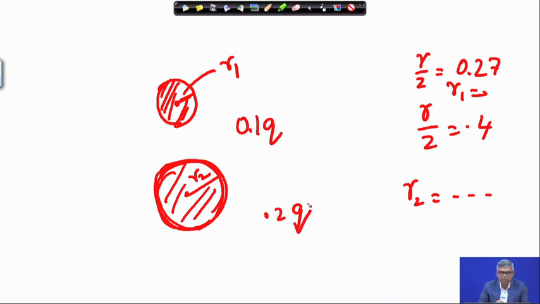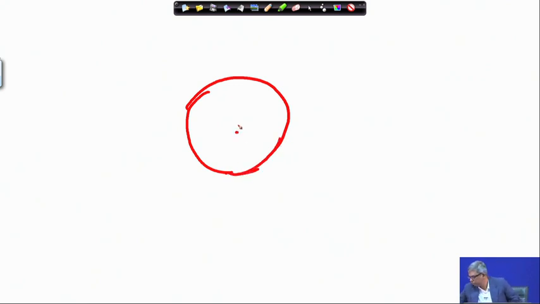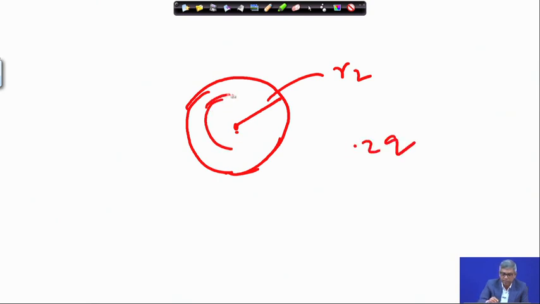Now, I will draw this separately. Suppose this is the circle with radius r2 for 0.2 q, and there is another circle with r1, and that is for 0.1 q.